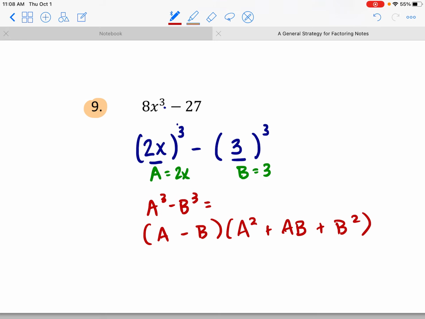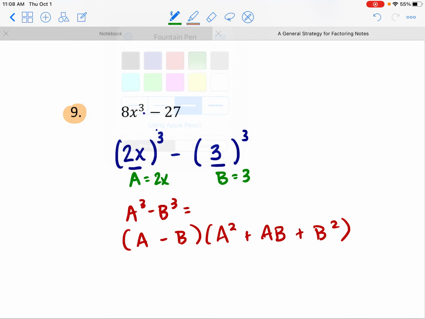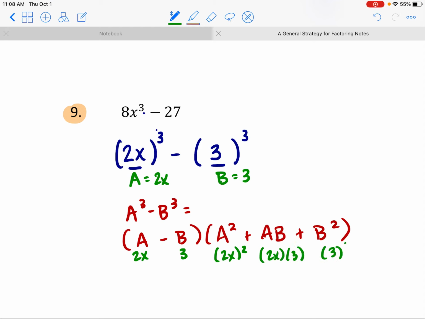So rewriting them as cubes, we identified a as 2x, so 2x would go here, b was 3, so 3 would go here, and then a gets squared, so 2x gets squared, and then a times b means 2x gets multiplied by 3, and then b squared means 3 gets squared.